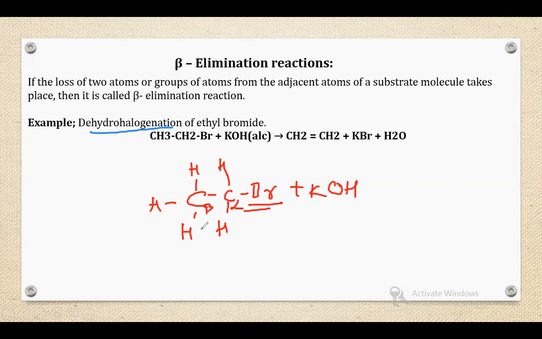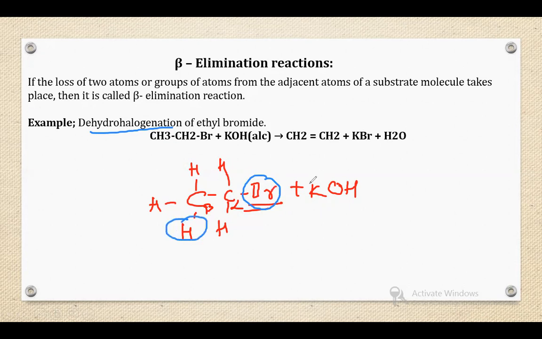So what happens in this? Elimination has to take place: removal of a hydrogen next to it, from the adjacent carbon, and the halogen from the bromide. One is the halogen on the alpha carbon, another is the hydrogen.